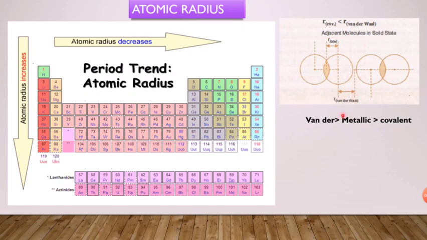Van der Waals radius is the internuclear distance between the nuclei of two adjacent atoms in a metal lattice. Sorry, pardon me, it's my mistake, it's not the half. And of course van der Waals radius is higher than the covalent metallic radius.